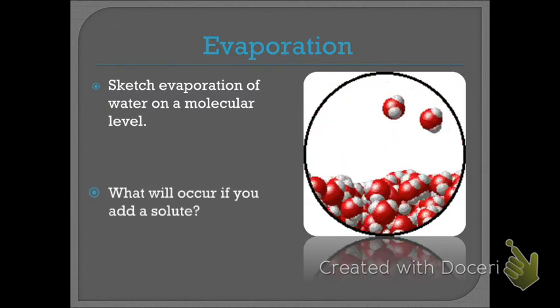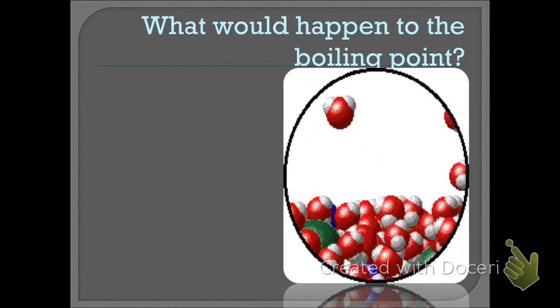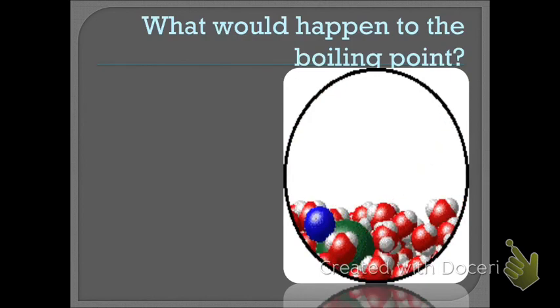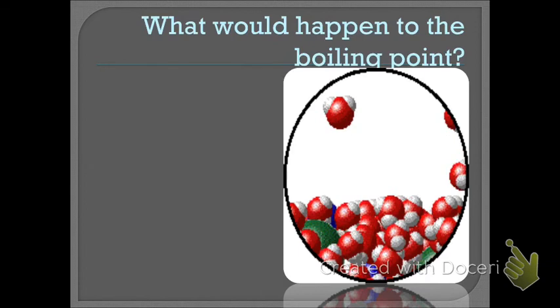Now, if I added a solute, what would happen to the rate of evaporation? Let's look at the next picture. It's kind of hard to see, but you can see blue and green. And so what happens is, if you can imagine, the more surface area there is, the more likely that these particles can leave or evaporate.